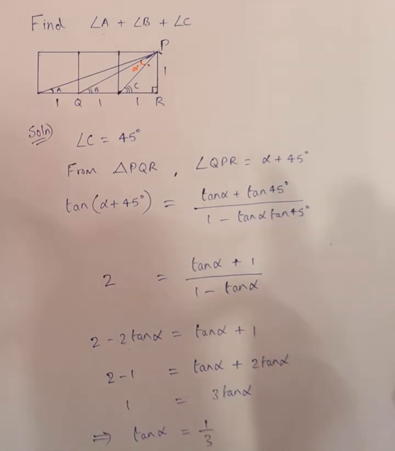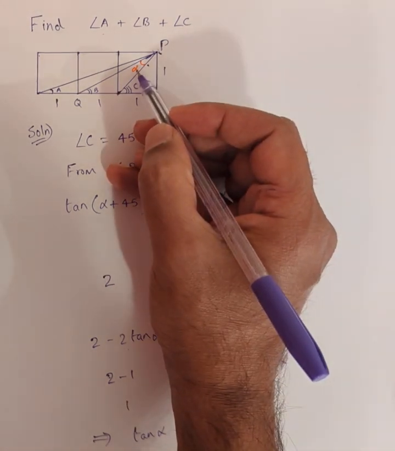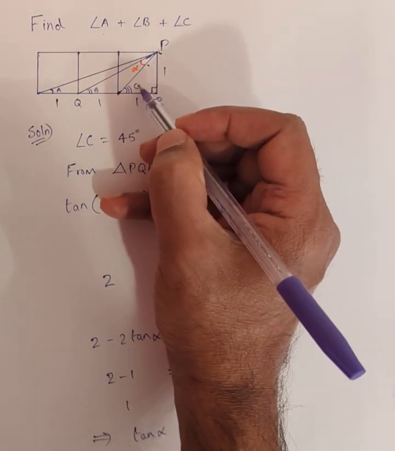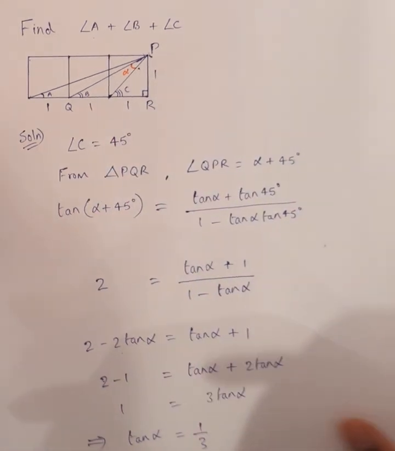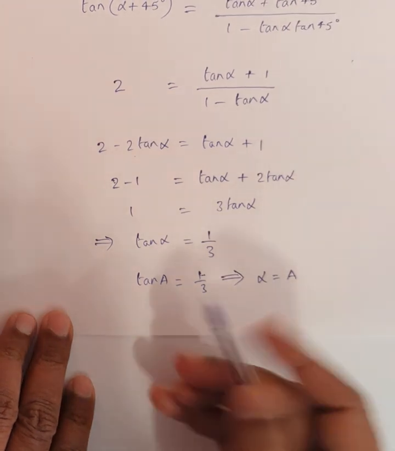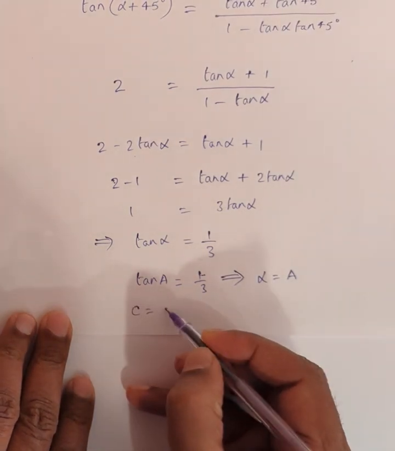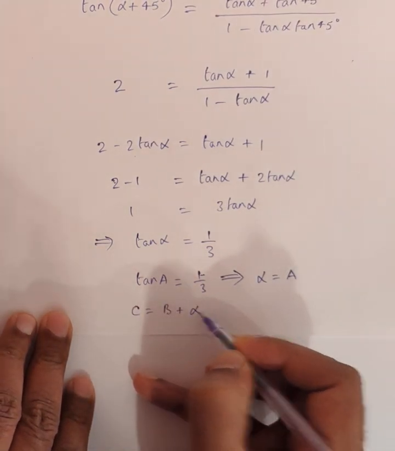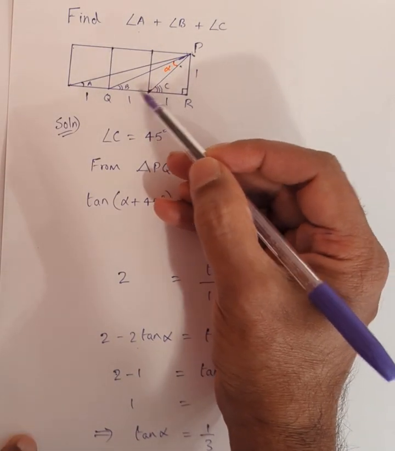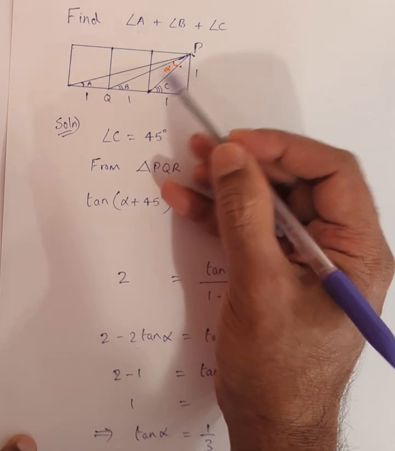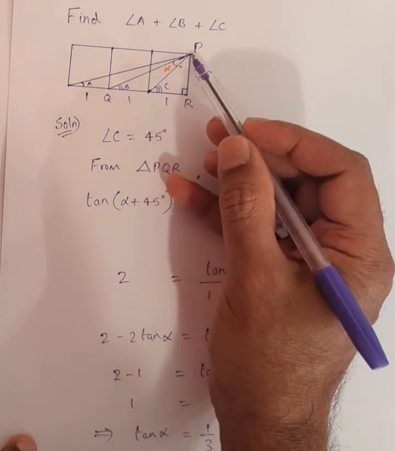So if this alpha is equal to A, we also know that C is equal to B plus alpha. So let's write this down. C is equal to B plus alpha from the picture. How do we know C is B plus alpha? C is the exterior angle for B and alpha for this triangle.